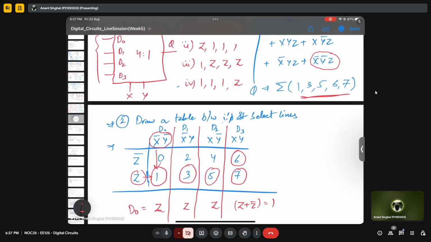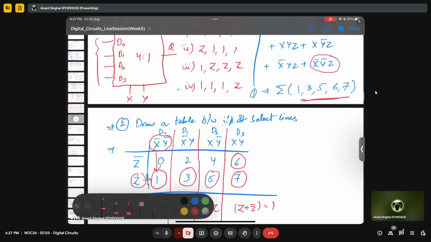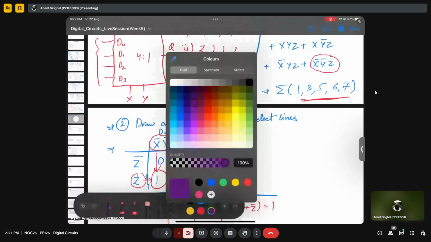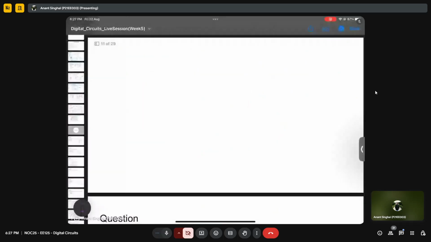That is why I made a general representation, and wherever we wanted to multiply a variable, we have done that. Is it clear to everyone? Okay, let's move ahead then.